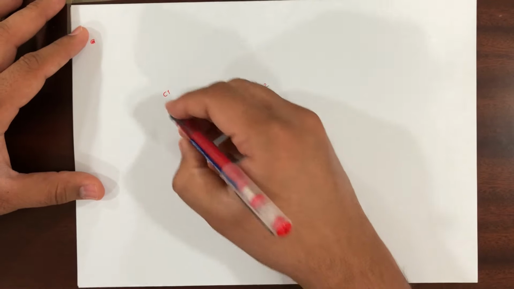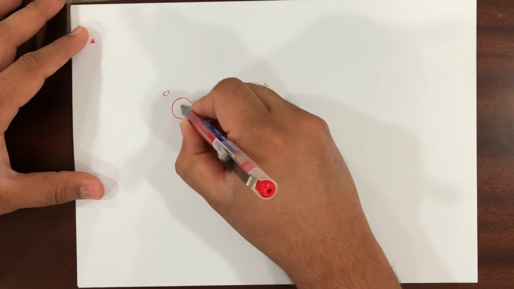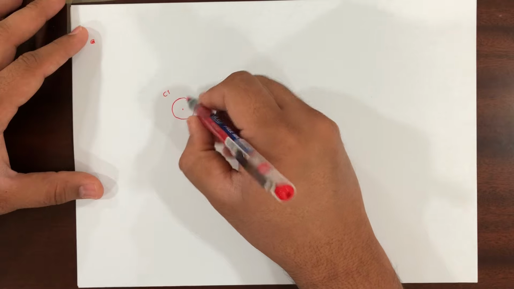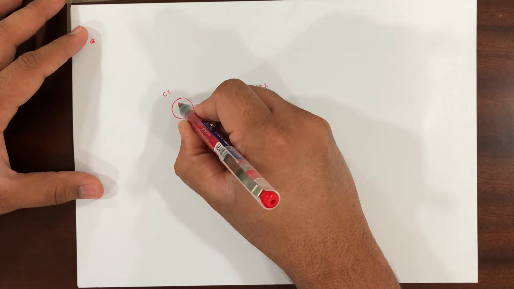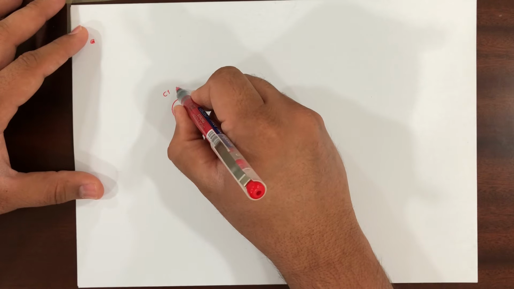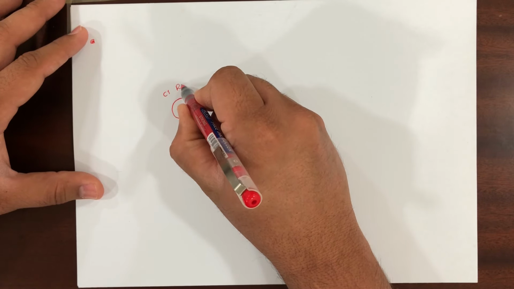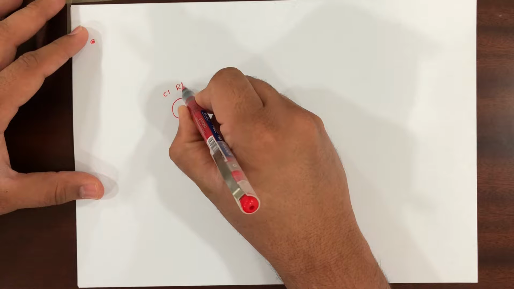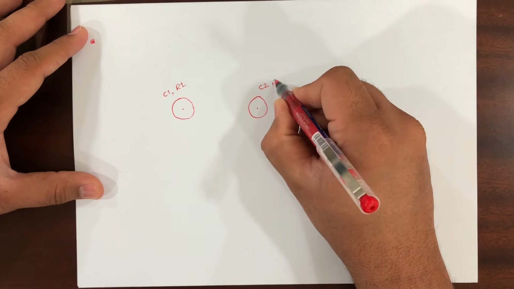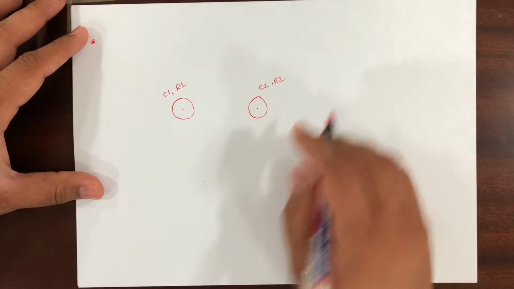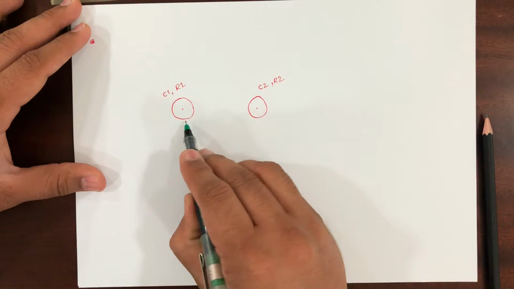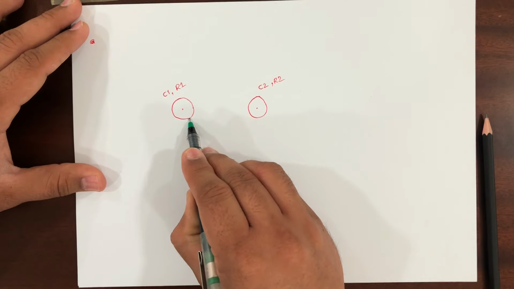The radius of C1 is, suppose, R1, and the radius of this circle C2 is R2. Suppose here you need to make a tangent between these two circles like this.